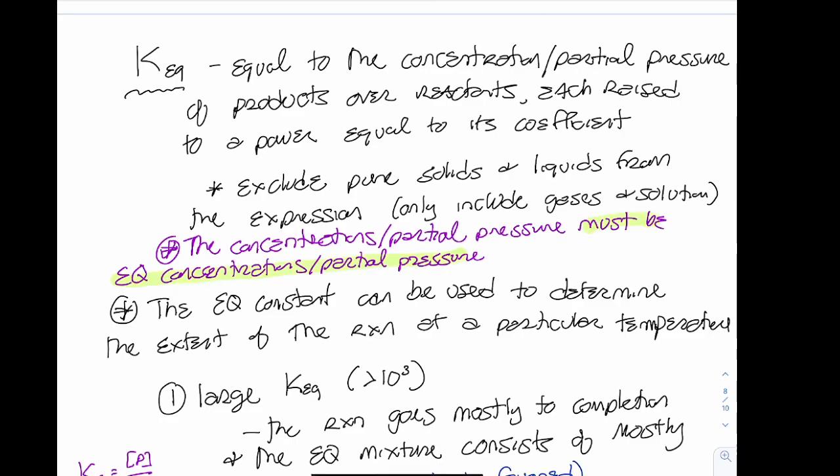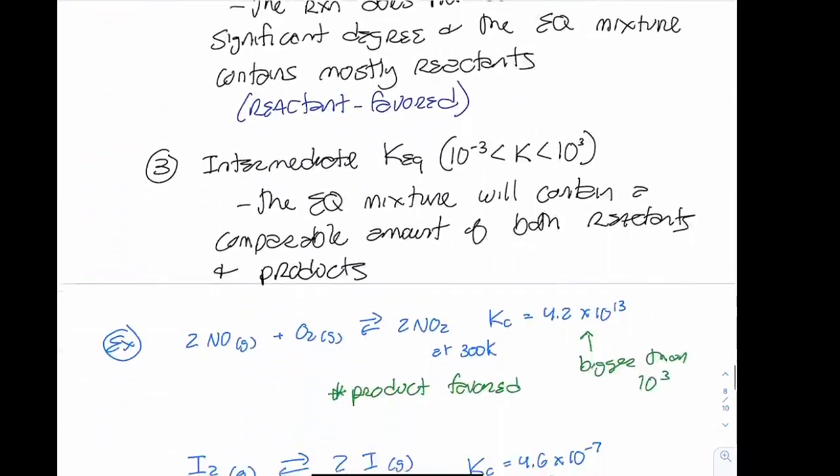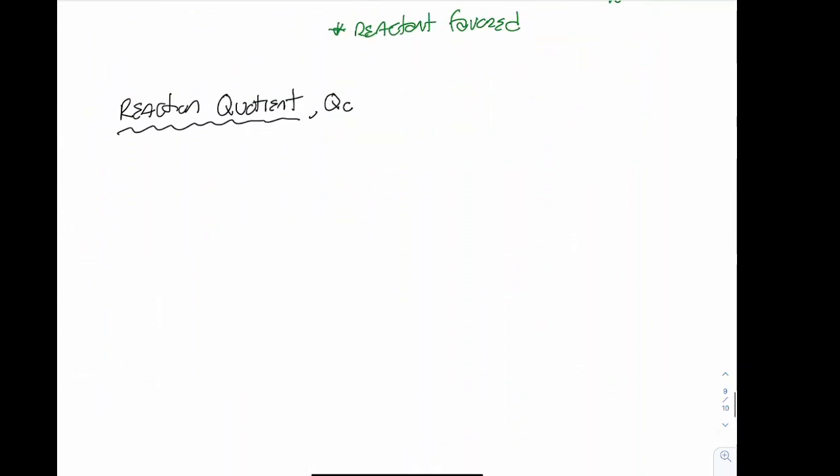concentrations or partial pressures. If we go back down to our reaction quotient, it's still going to be concentration of products over concentration of reactants raised to a power equal to the coefficient, but they do not need to be equilibrium concentrations.